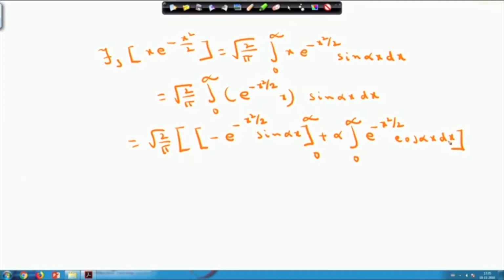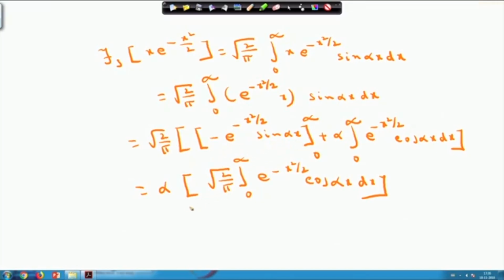If I put the values, then this part will not be there. So, it equals α into root over 2 by pi, integral 0 to infinity of e^(-x²/2) into cos of αx into dx. Please note that once we put the limiting values, the first term of the integration by parts will vanish.